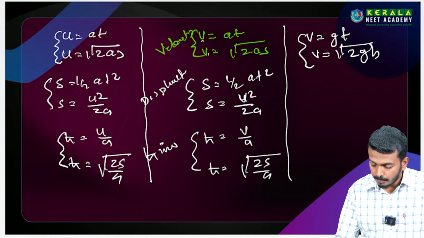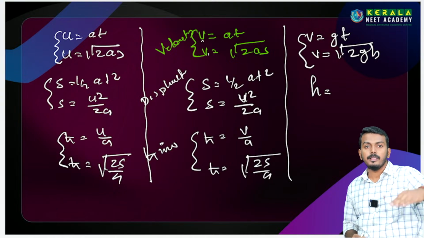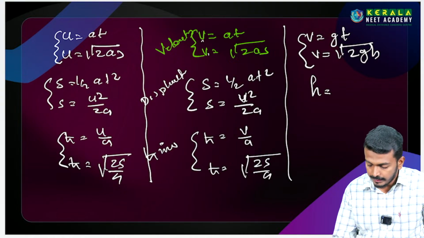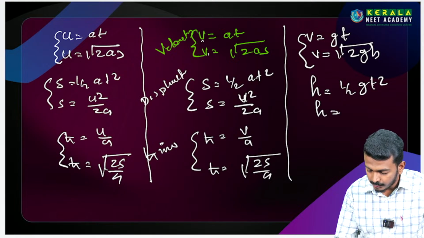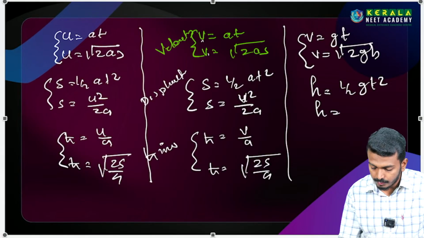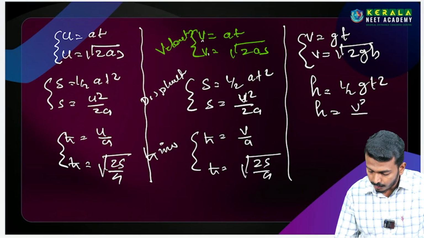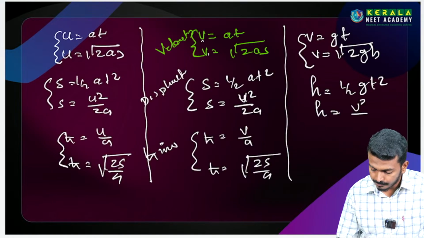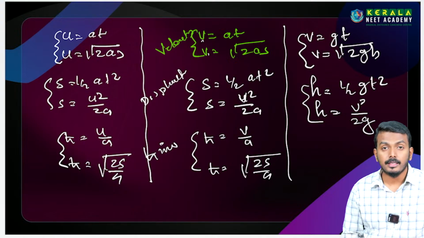Same time, taking the displacement pair, s is converted into h. When the body travels, displacement becomes height h. h is equal to half gt square, and h is equal to v square divided by 2g. This is the displacement pair.